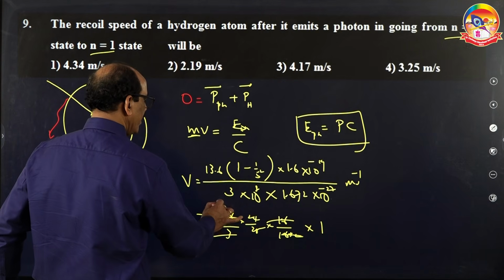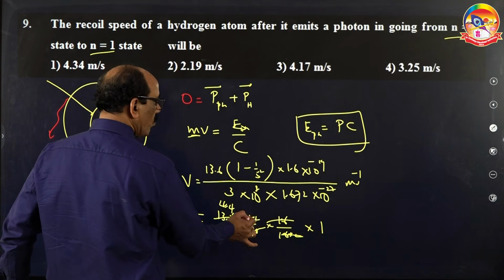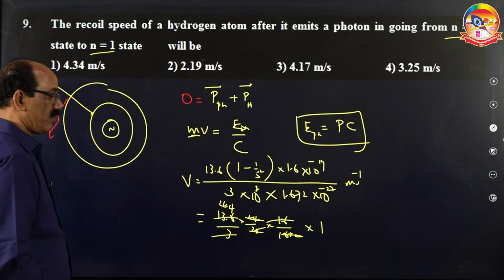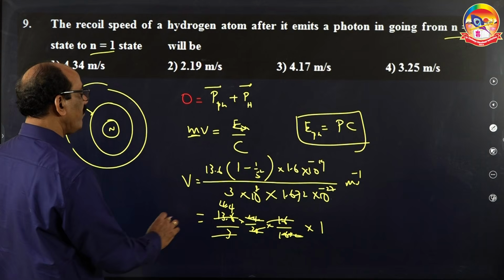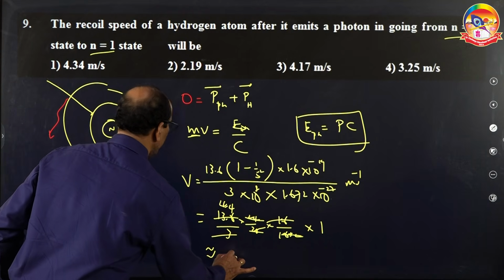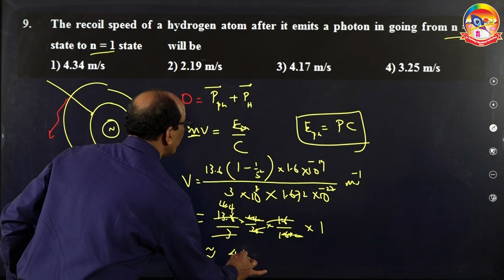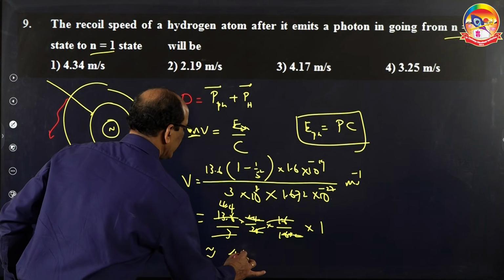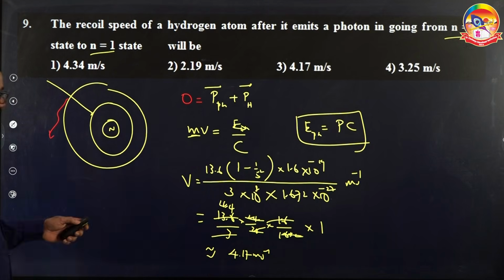It is 4.4, so it is slightly more in the denominator than 4.4. Therefore, it should be less than that, but not a very great value. Therefore, we can say it is equal to 4.17 meter per second. Close approximations.